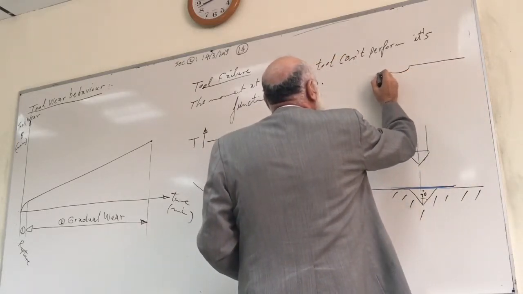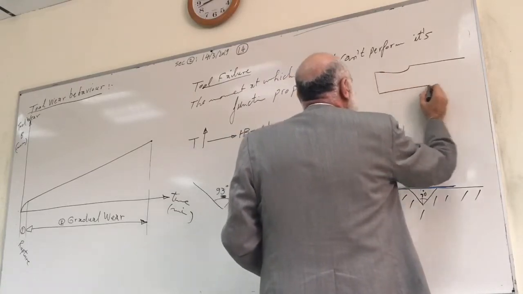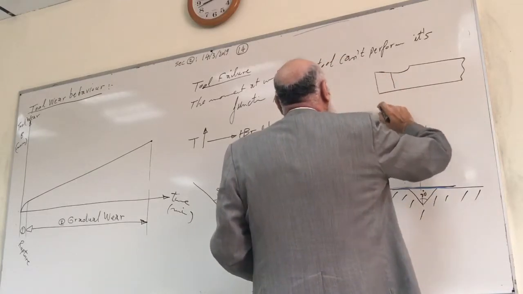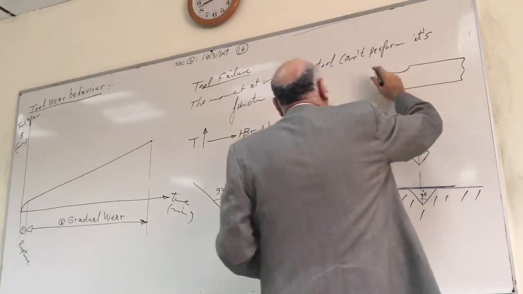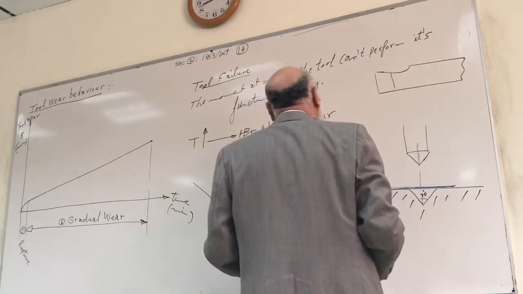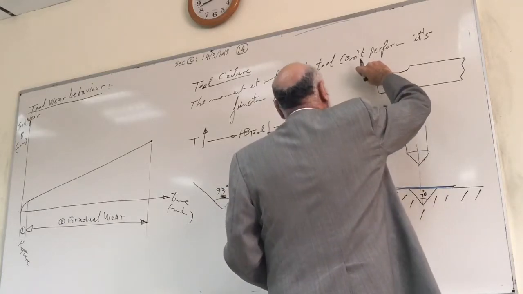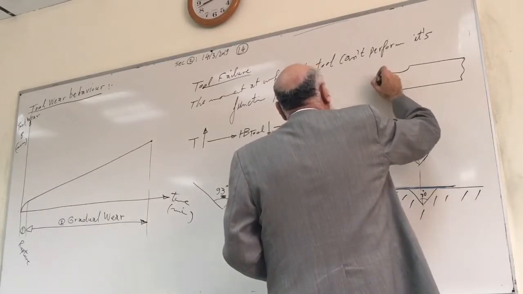Look here. This is the normal shape of a tool, a fresh tool, like this. But if we ignore the temperature and continue using the tool, what will happen? If we continue more and more, then the workpiece will be tool, and the tool will be a workpiece in this form.